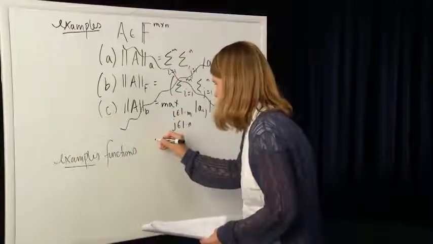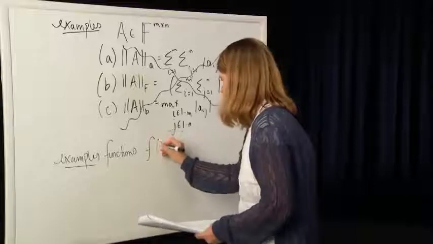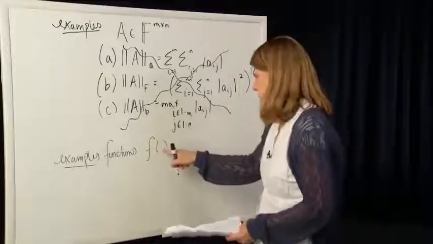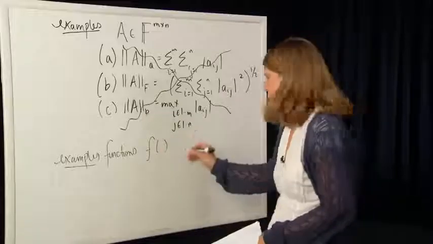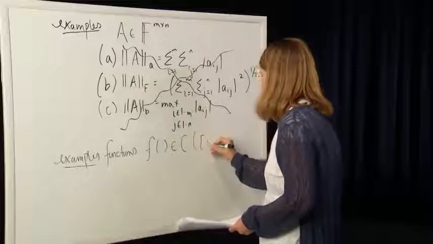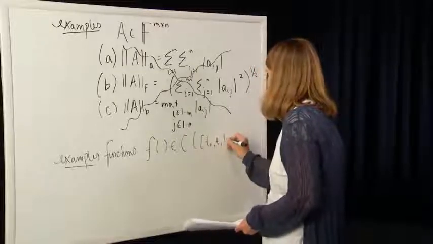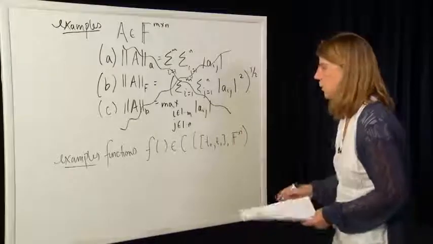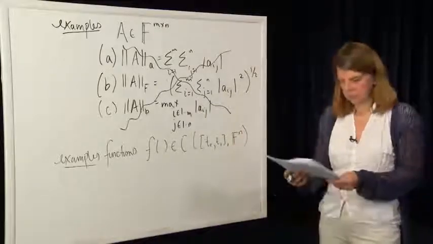And let's use functions f of whatever, our argument. And so we could think about our argument as time, for example. So continuous functions over a time interval t0 to t1, mapping over to F^n. Okay, so a vector space that we've talked about.